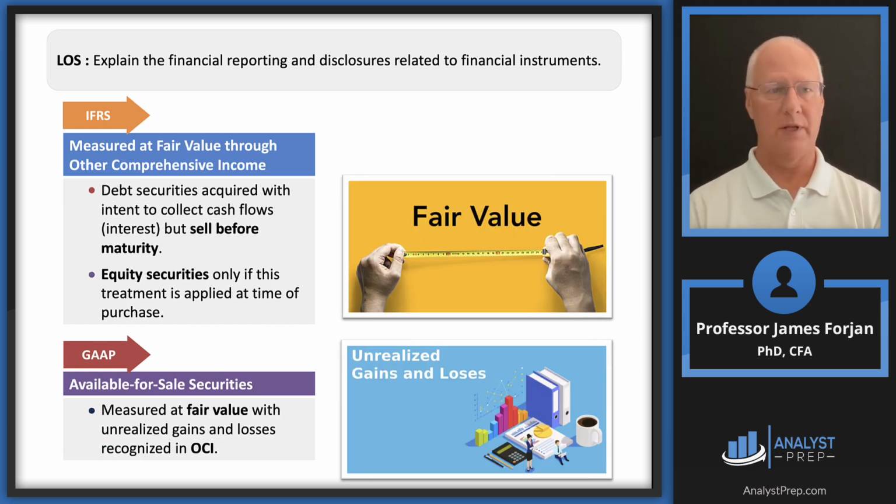Now, if we measure these things at fair value, what we're going to do is throw them through other comprehensive income. For those of you who watched the Analyzing Income Statement recording, I gave you an image, and I'm going to repeat it.